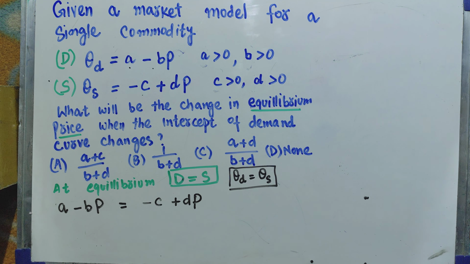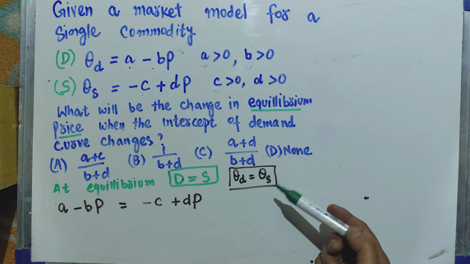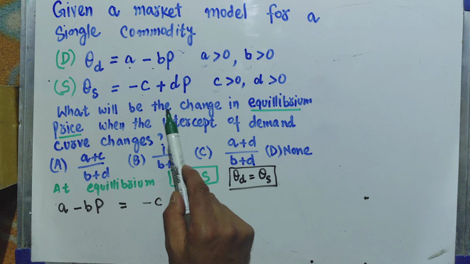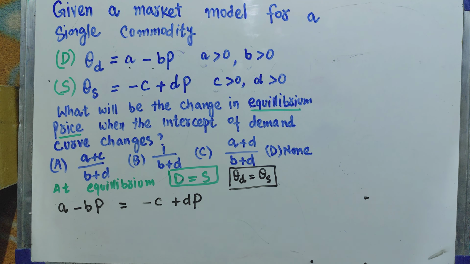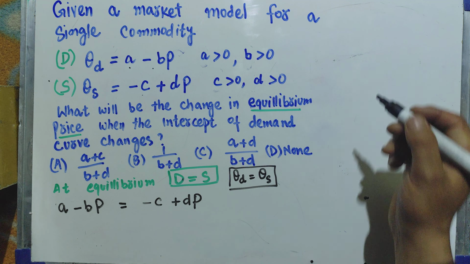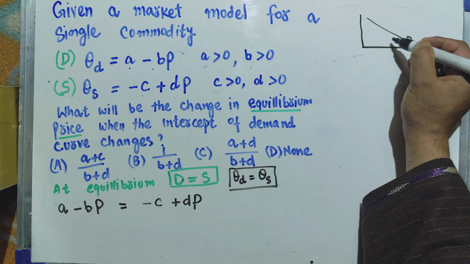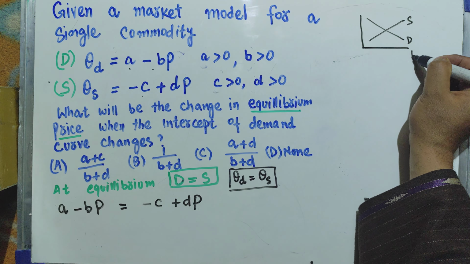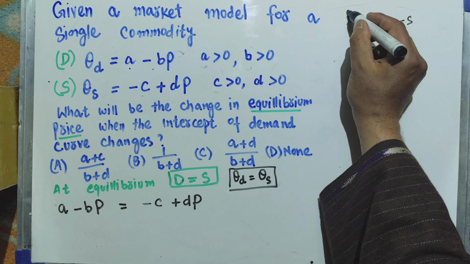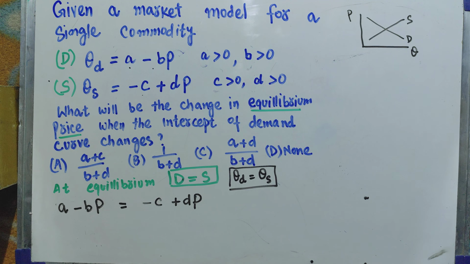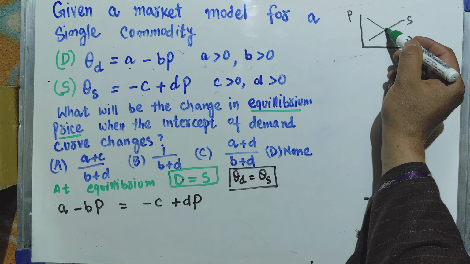So first thing is what we need to find out. Let us see the question. We are being told what will be the change in the equilibrium price. First we need to find out the equilibrium price. So at equilibrium, what happens? If I draw the simplest graph here, so this is demand function, this is our supply function, this is quantity demanded or supplied, this is the price. We need to find out what happens at this point.